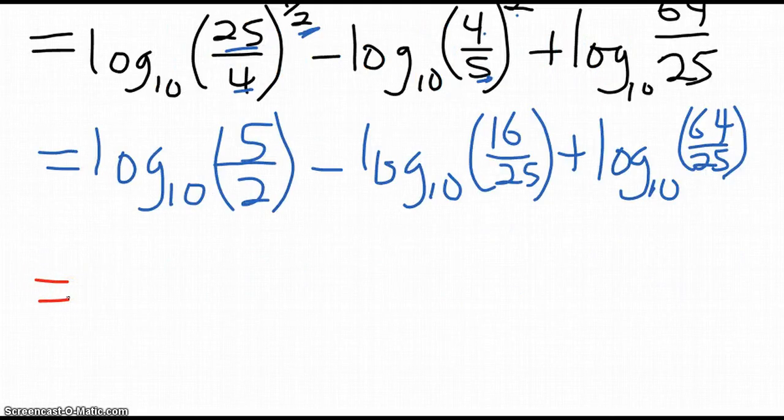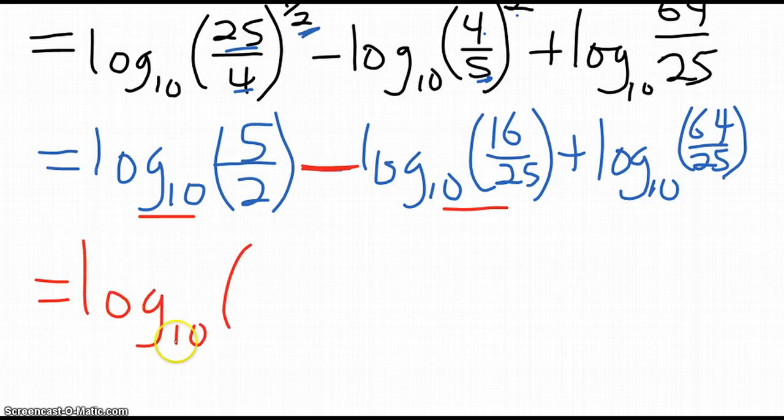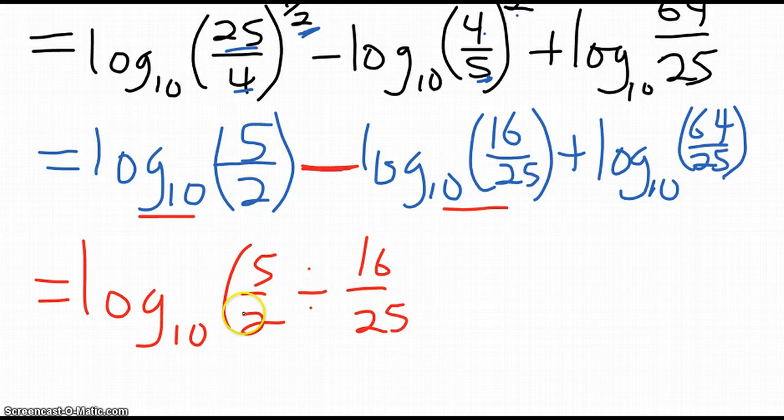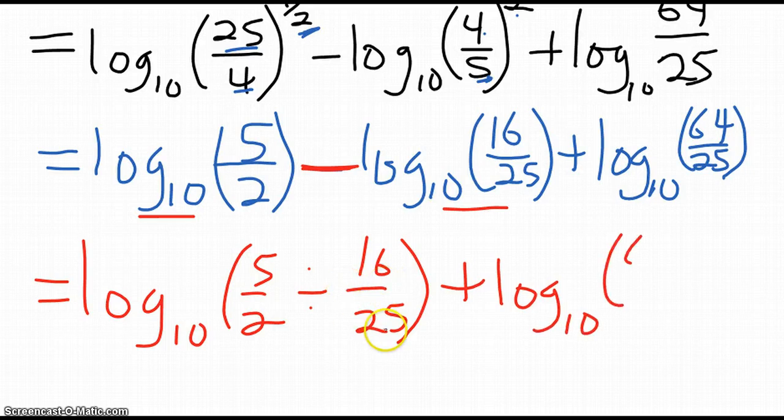Now using the law of logarithms, since the bases are the same and we are doing subtraction here, we can write this as log base 10 of 5 on 2 divided by 16 on 25, plus log base 10 64 on 25.